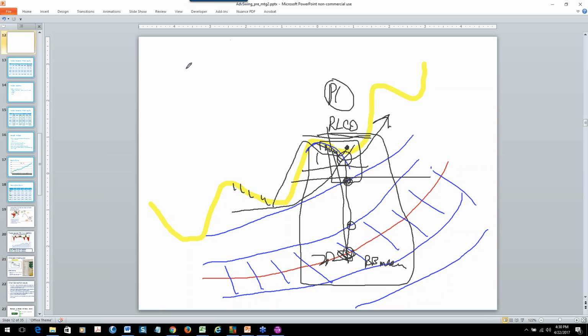But here's what happens. In order for there to be a trade, we have to be in something I call a critical state. And what that means is that there are two groups of people looking at this: there are buyers and there are sellers. The sellers have to be able to look and say, there's a good reason for this thing to return back to the Bollinger Band mean.